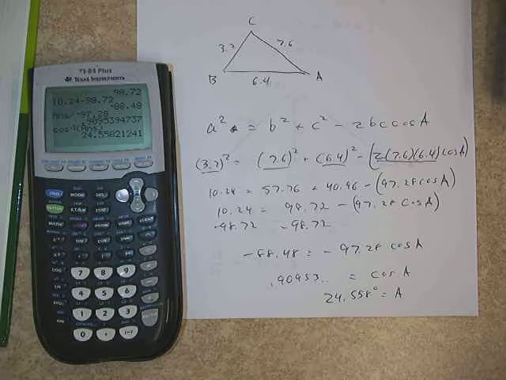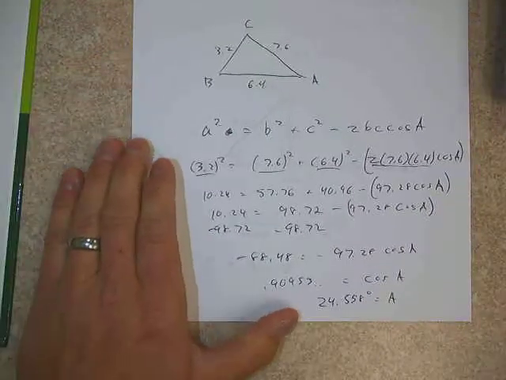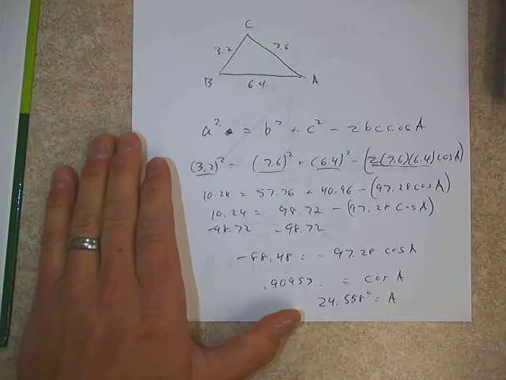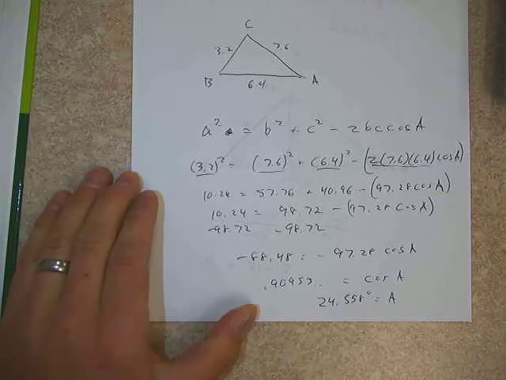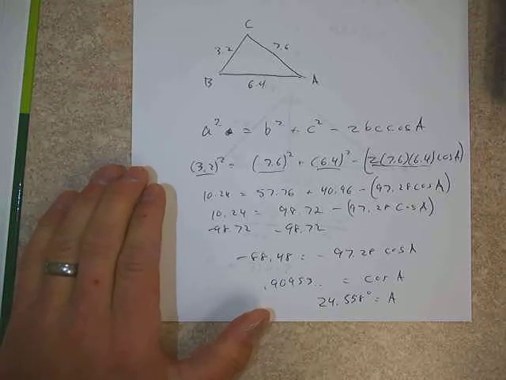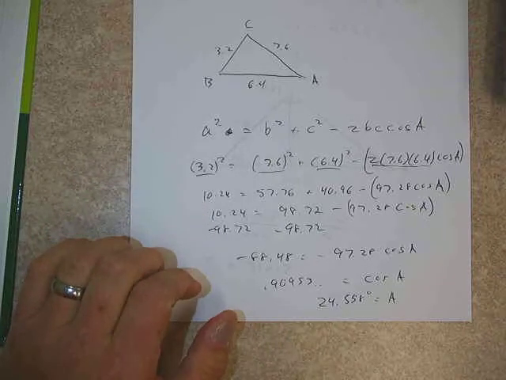If we do so, we get 24.558 degrees, and that would be our angle A. Once we know angle A, I'm not going to go through the rest at this point, but we can use that to find angle B or C. And if we know two of them, of course we know the third.